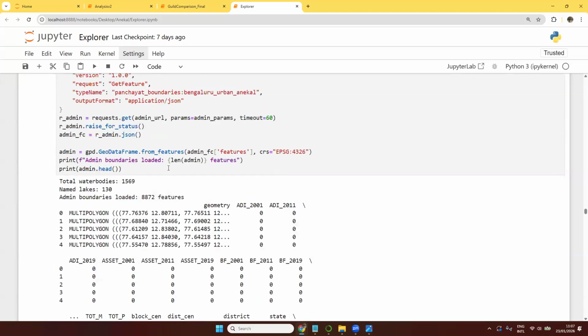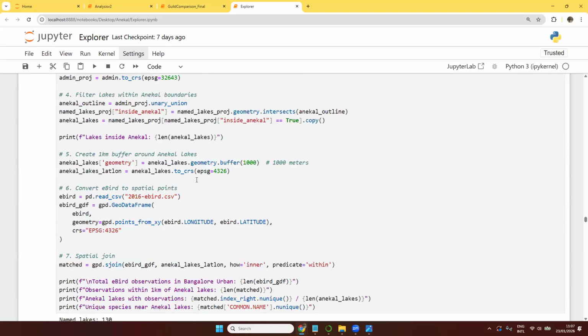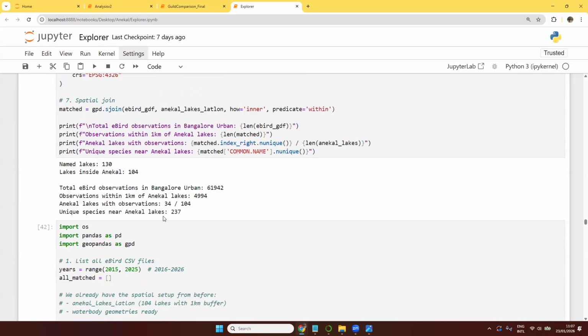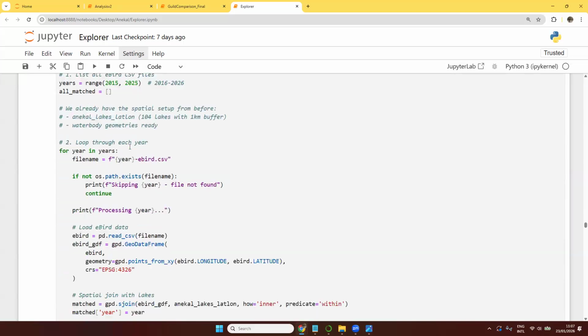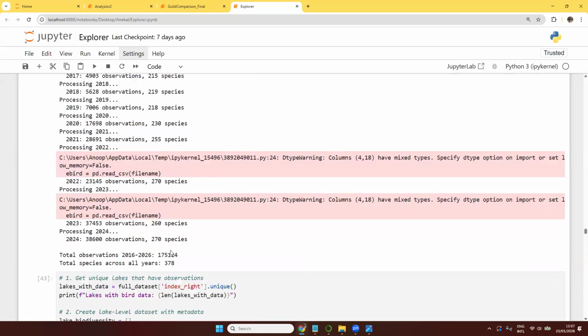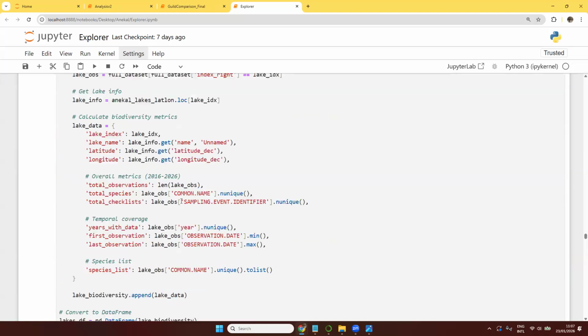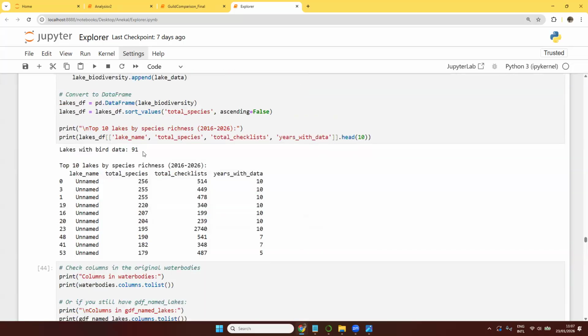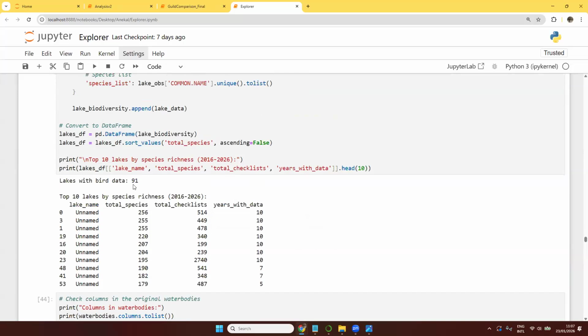I'm in the middle of it, but for instance, for 2016 alone, I could find 34 lakes with observations, and when you run the same analysis for the whole data set, it comes up to around 91 lakes which have data.